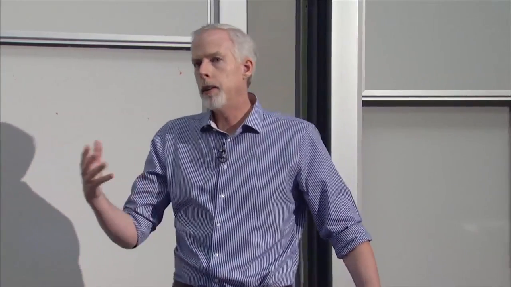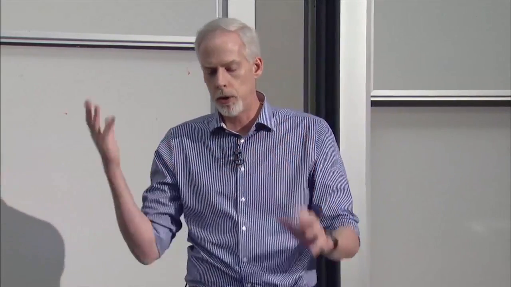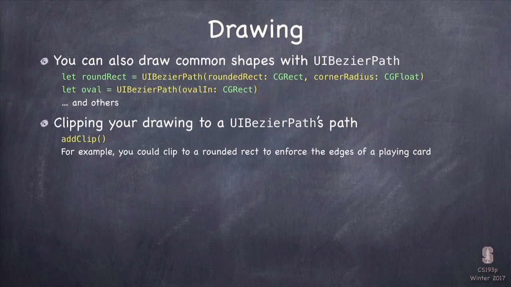That's how we draw. And UIBezierPath also knows how to draw a lot of common shapes like rounded rectangles and ovals and things like that, and so you should familiarize yourself with UIBezierPath's API, of course. Another cool thing you can do with UIBezierPath is you create a path like that triangle, and you can clip all your drawing to that path.